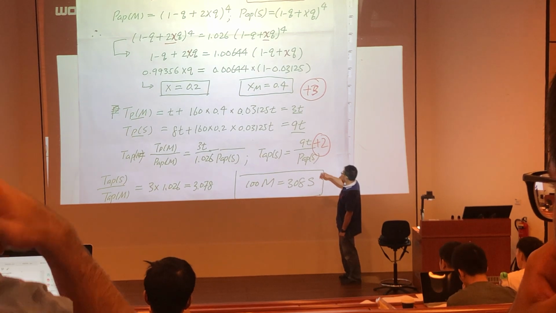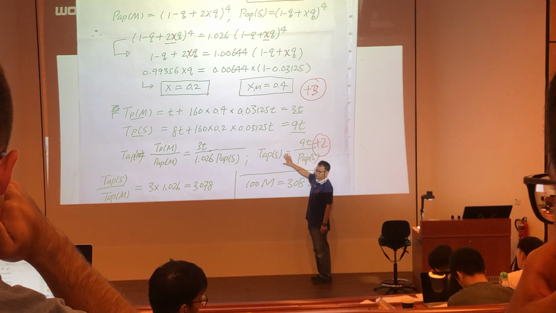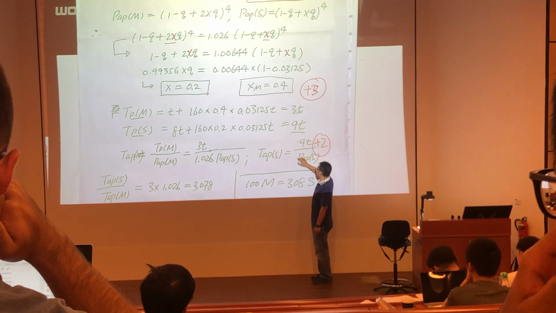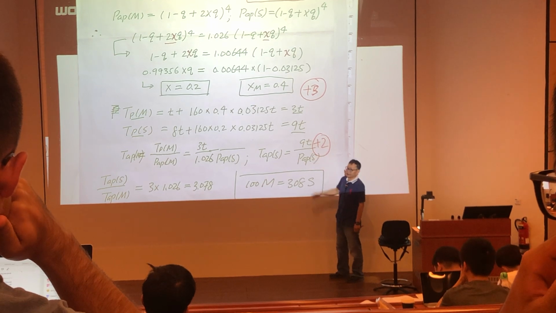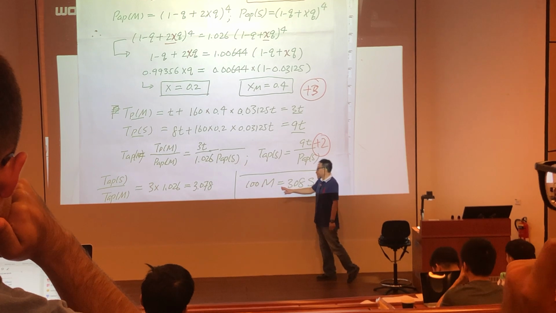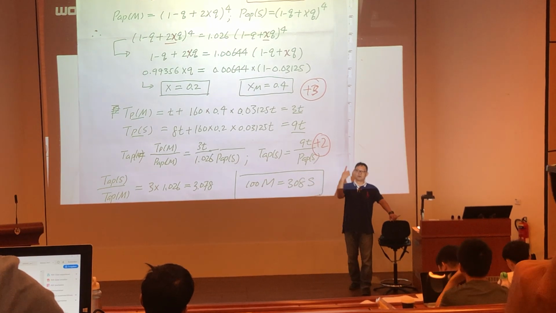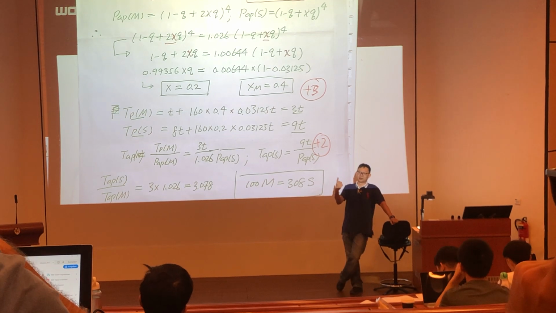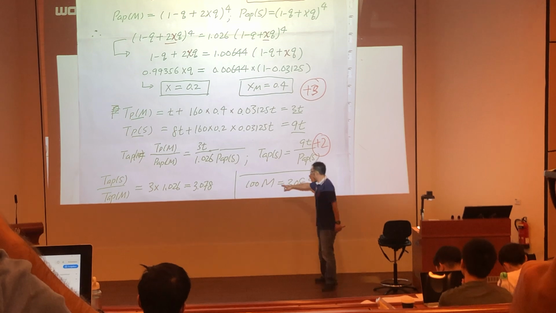So this is a general equation for TEP. The time to produce one good assembly equals to the TP divided by P in both cases, and then you find the ratio. Eventually, you want to find the delivery rate of a good assembly in one multi-station machine equals to how many single-station machines, and that's the result.